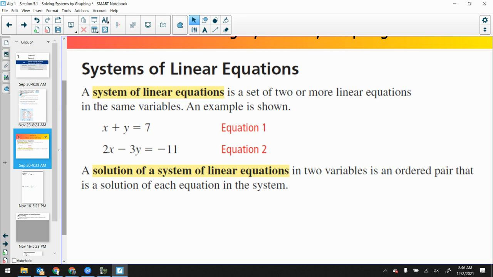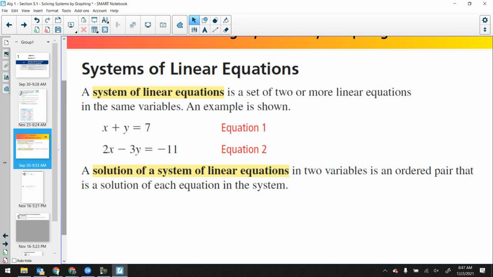They have an example shown there for you guys. It's just basically 2 equations on the same graph. Can it be more than 2? Sure. The more equations that you put on a graph, the more complicated it gets. But it can be at least 2 equations on the same graph.